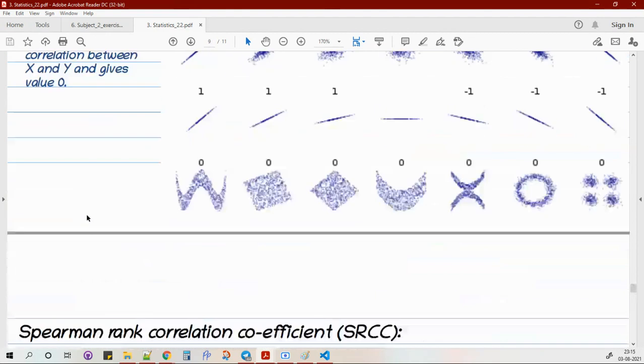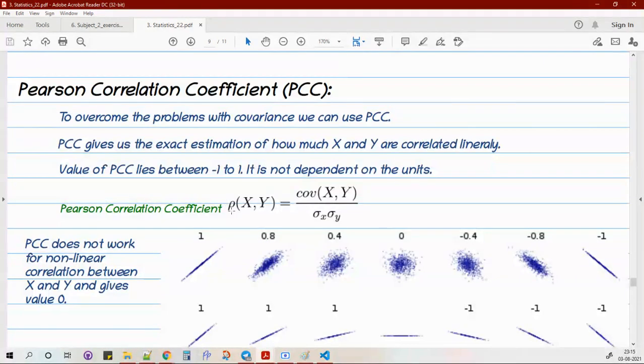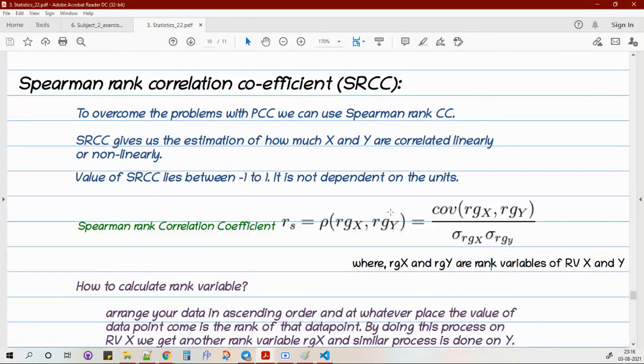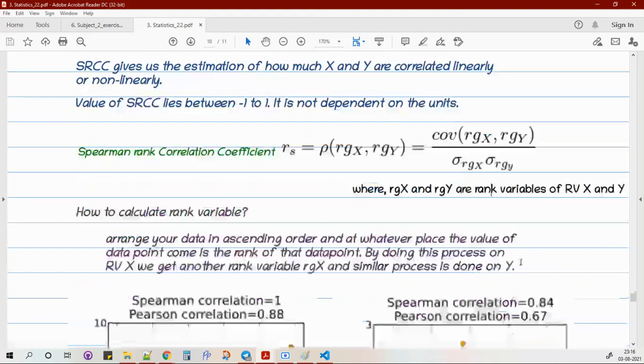See, this rho we used for PCC, this rho or delta, I guess it is called rho. So this is nothing but the Pearson correlation coefficient between the rank variables of the given random variables x and y. So rgx and rgy are nothing but the rank variables.